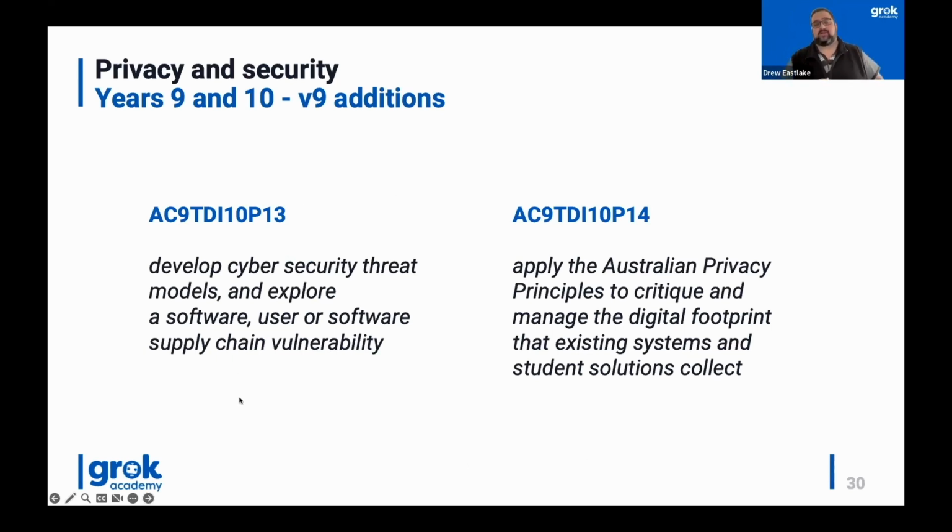So we have our develop cybersecurity threat models and explore a software user or software supply chain vulnerability. And we're also looking at applying the privacy principles to critique and manage the digital footprint that existing systems and student solutions collect. Again, we're elaborating on what we did in year 7 and 8 and taking it to that next level and giving more context and looking at how it fits into the broader ecosystem.